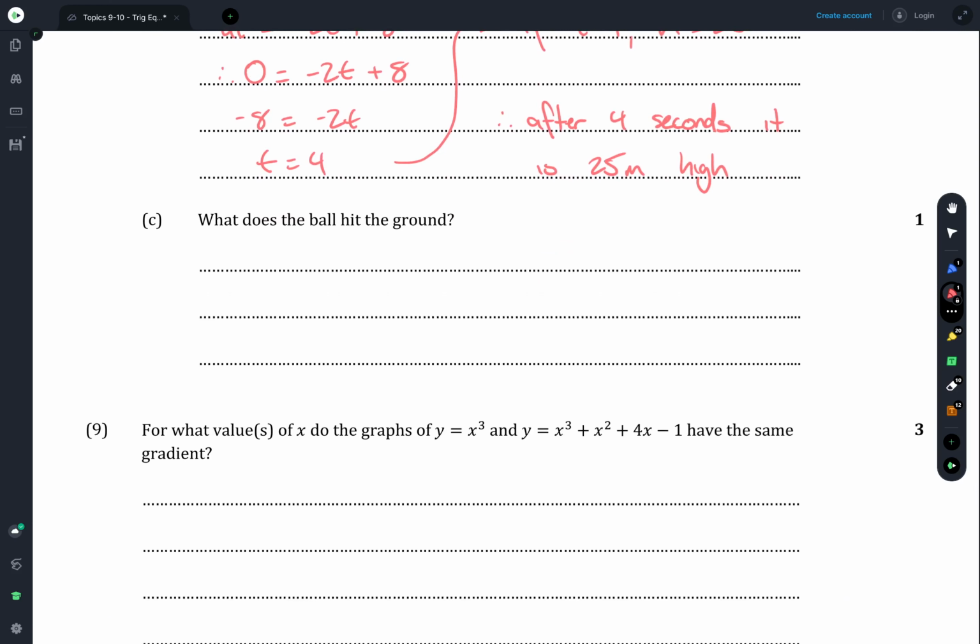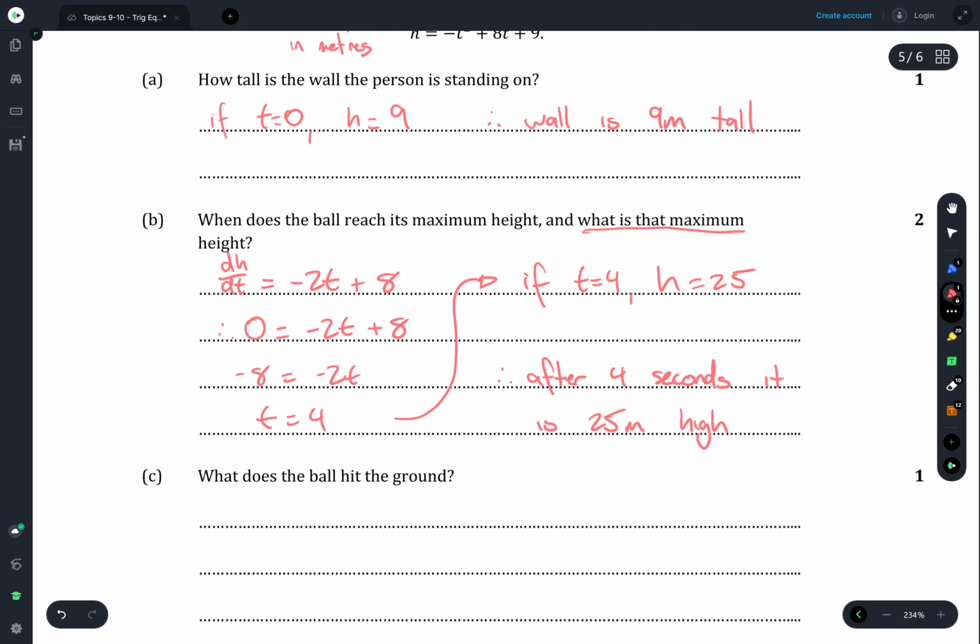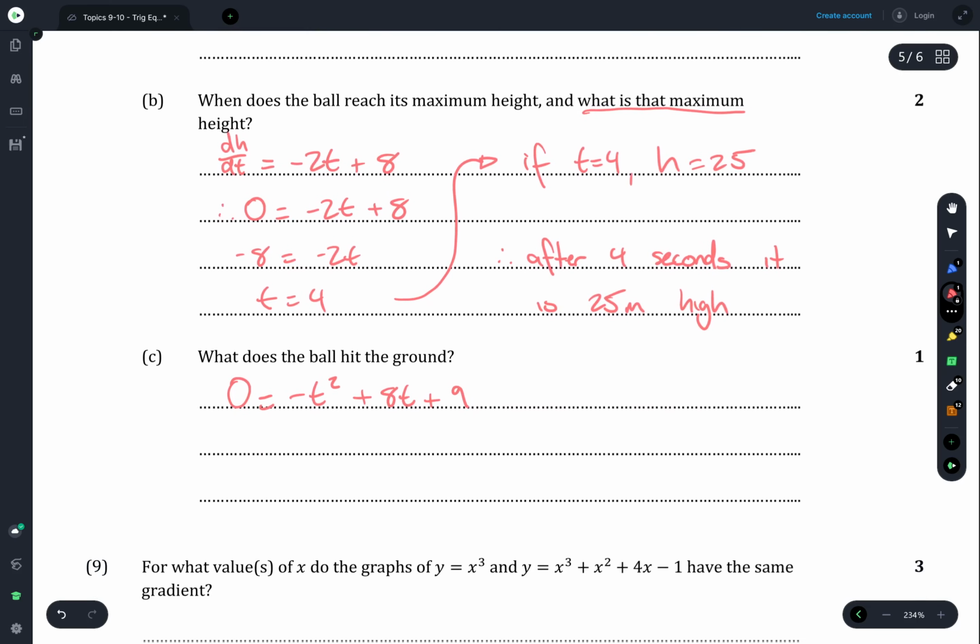And then, so when does the ball hit the ground? Well, when the ball hits the ground is when h equals 0. So going back to the original equation, I have 0 equals negative t squared plus 8t plus 9. And now this is a non-monic quadratic.